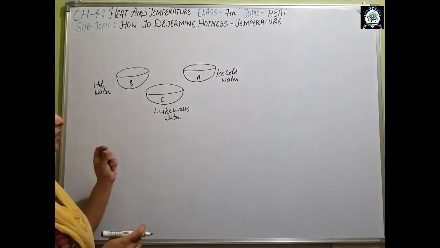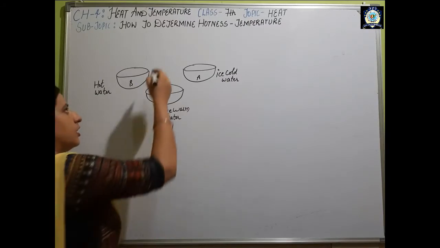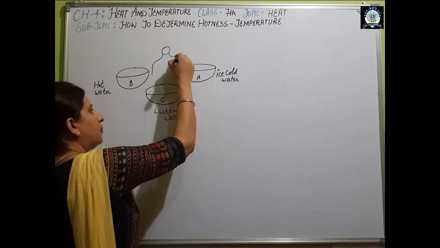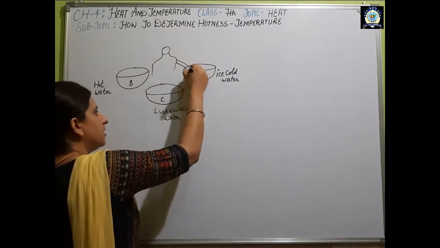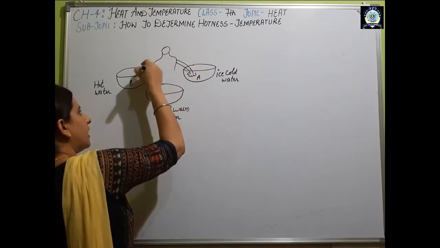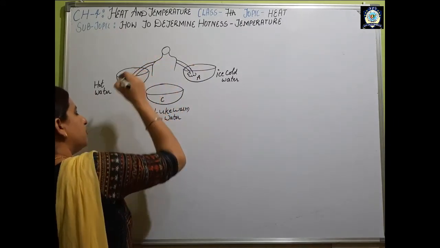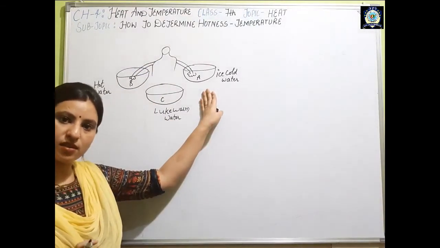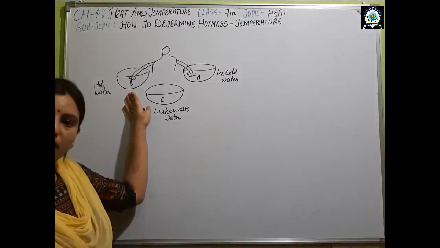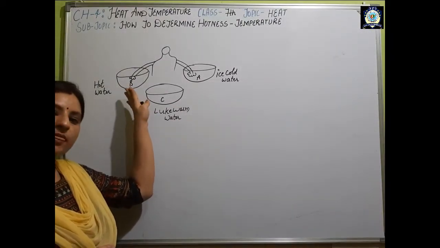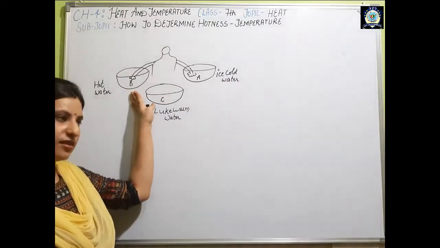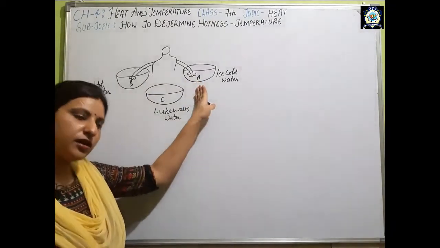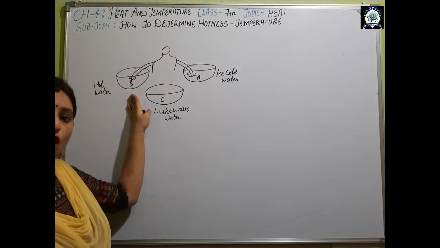Okay, so when a person, if I make a raw diagram of a person sitting over here, a person puts his left hand in A beaker and right hand in B beaker. So the left hand experiences ice cold water, coolness, okay, and the B bowl, or you can say the right hand, will experience the hot water. Left hand is experiencing ice cold water and right hand is experiencing hot water.